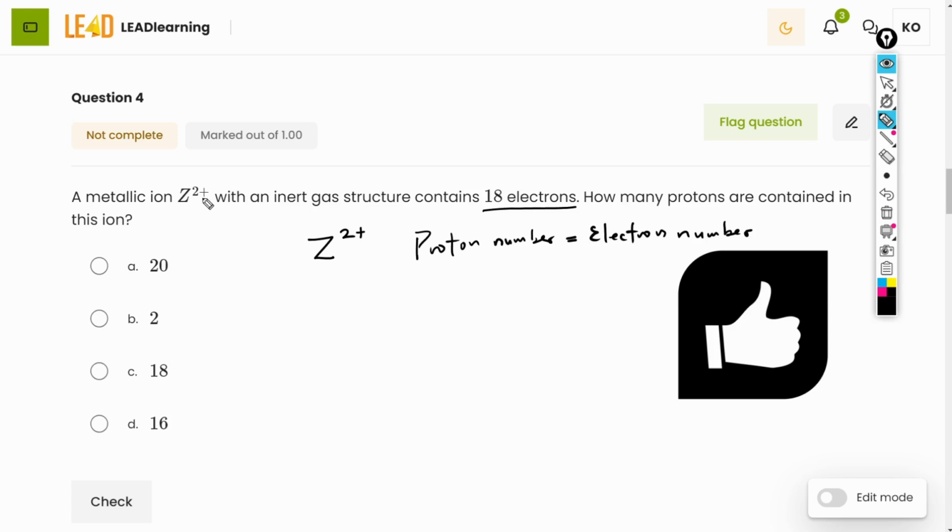Now, this is an ion with the charge 2+. Now, for it to possess the charge 2+, it means that this ion was formed by the loss of 2 electrons. So as a result of that, it now has 2 protons more than electrons.